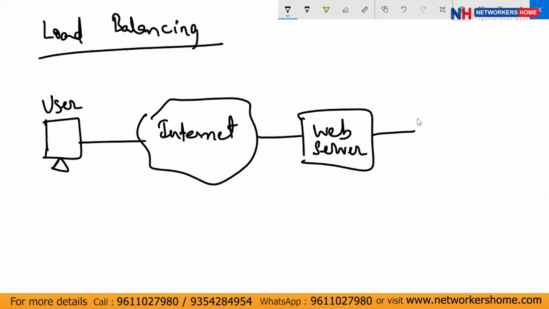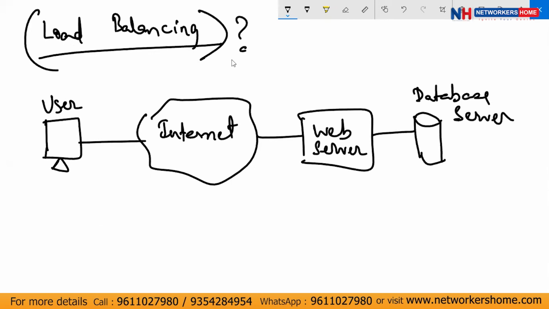This web server might at the backend be communicating to a database server. So this is a specific infra where there is no load balancing. Now, the question is, what exactly is load balancing?